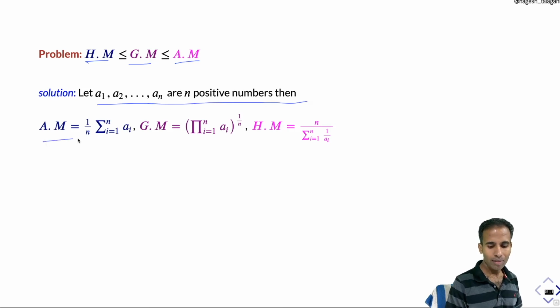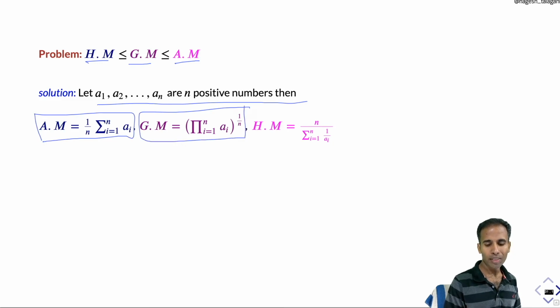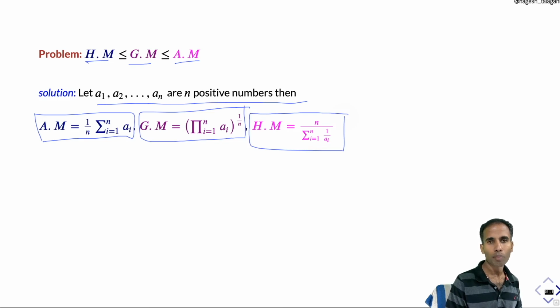Then the arithmetic mean AM equals 1 by n summation i equal to 1 to n of ai. The geometric mean GM equals the product of ai for i equal to 1 to n, to the power of 1 by n. The harmonic mean HM equals n by summation i equal to 1 to n of 1 by ai.